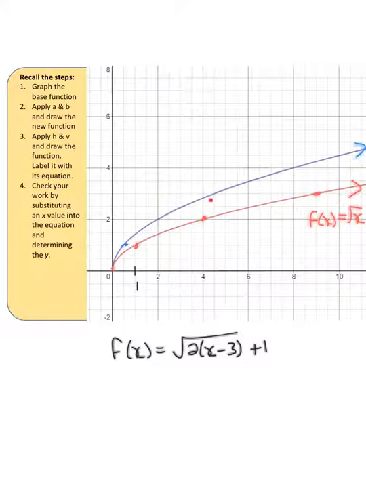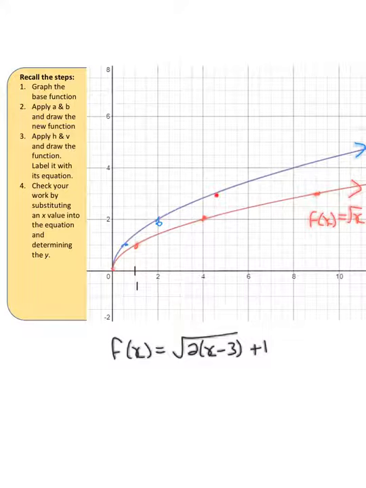This next point, (4, 2), is 4 units away from the y-axis. So I'm going to half that, and now I'm 2 units away. So I'm right there at (2, 2). And then finally, this point, (9, 3), is 9 units away. So half of that is 4.5 units away.